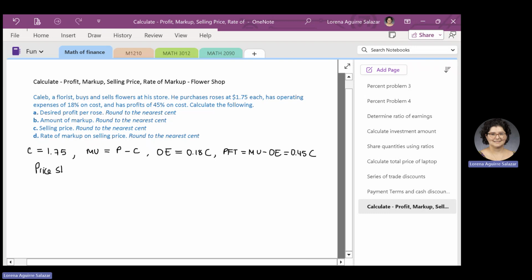And this table has two columns. We'll talk about those columns soon. And the leftmost column contains components that make up the retail price. So we have P, C, MU, OE, and profit.